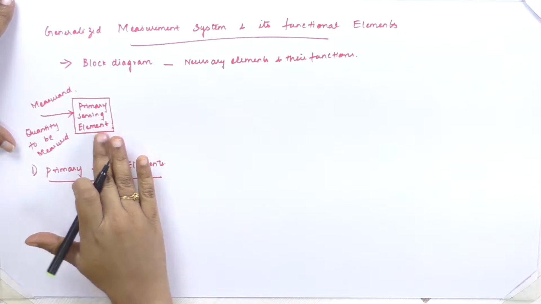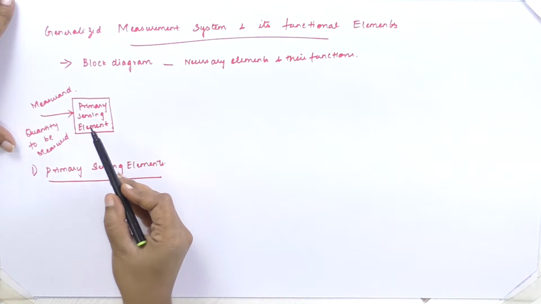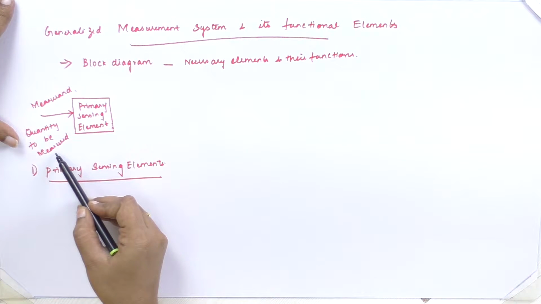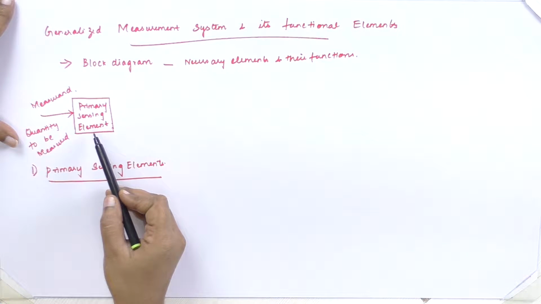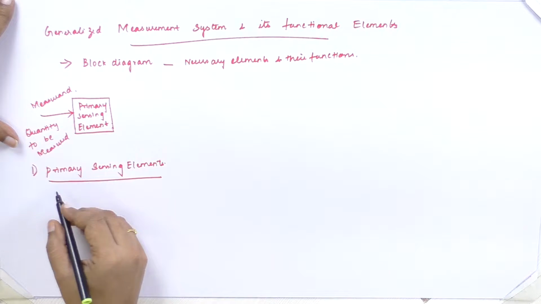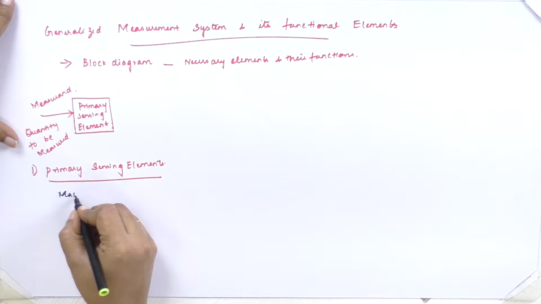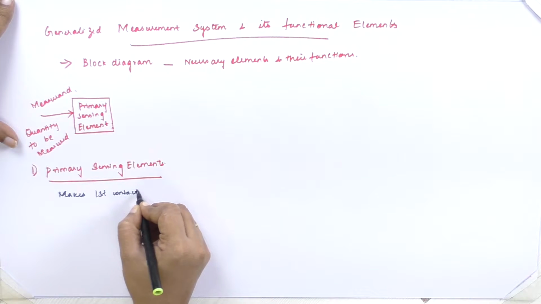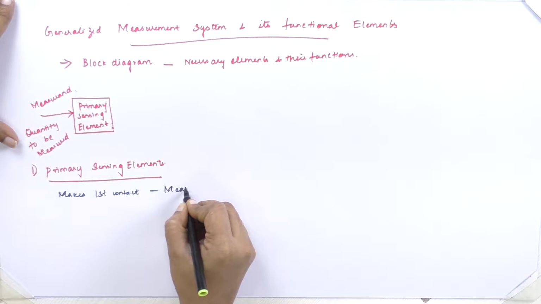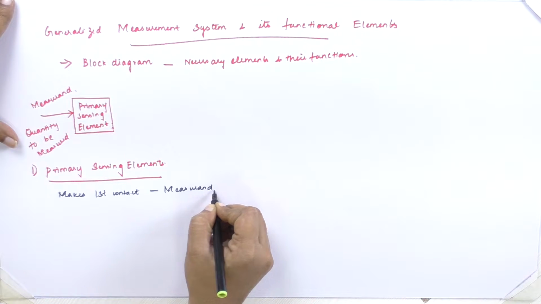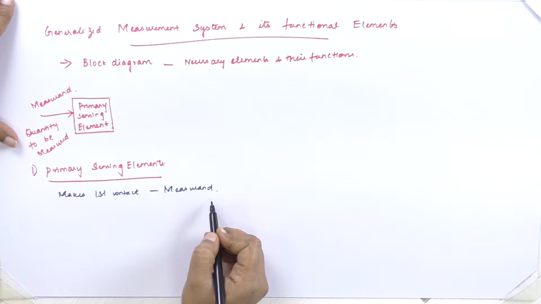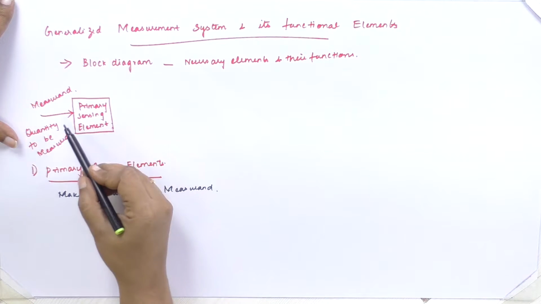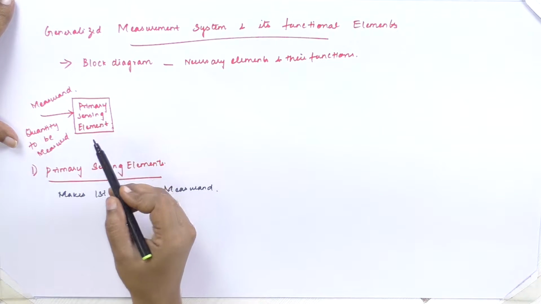The primary sensing element is nothing but the element which makes first contact with the quantity to be measured. So, the primary sensing element makes first contact with the measurand, or the quantity which is to be measured will be first sensed or detected with the help of this primary sensing element.